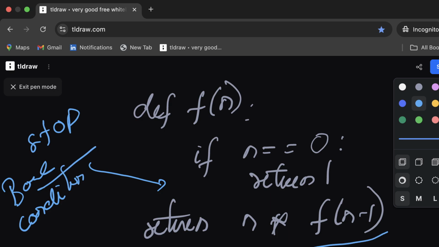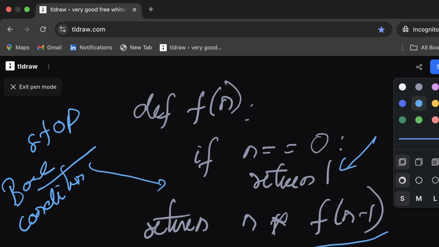Now this is what is going to be defined in my recurrence relation, right? How many sub problems am I going to have? n minus one sub problems. And how much work is done by each sub problem? Each sub problem is going to do a unit amount of, or constant, work.